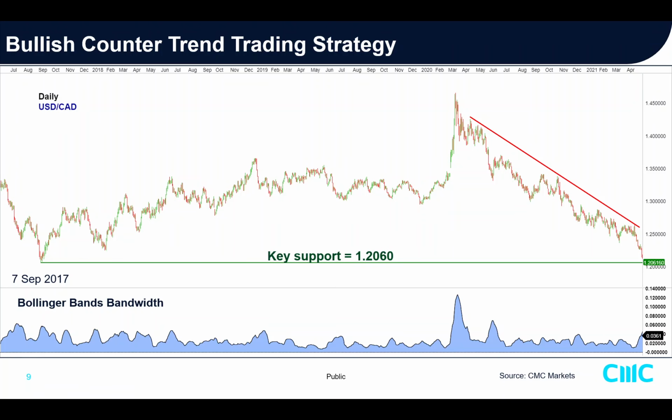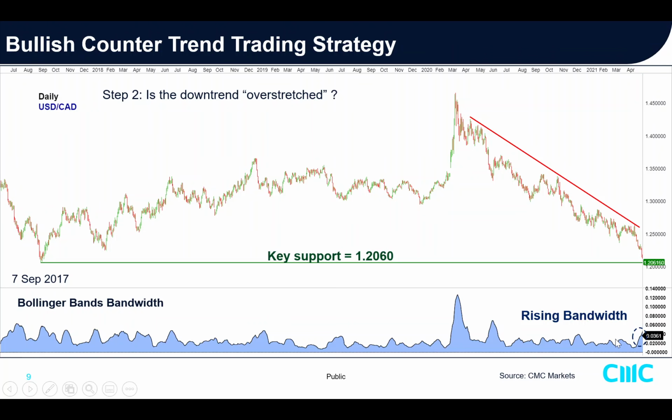So I open up the Bollinger Bandwidth indicator on the daily chart as well. Is this downtrend overstretched? For step 2, you can see the Bollinger Bandwidth has started to rise significantly and break above the previous peak of the last couple of weeks, very clearly.